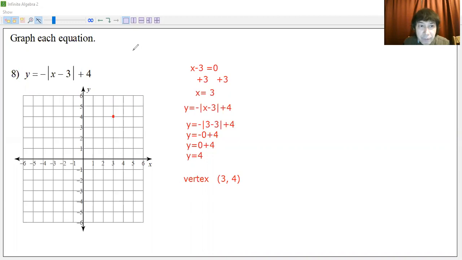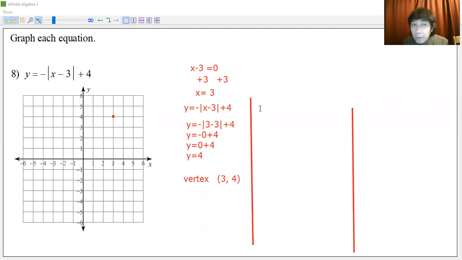That's our vertex. Now we need 2 points, one to the right of x equal to 3 and one to the left. We shall do that over here at the right side of the screen. So let's just put fences there for our 2 points. Then we shall choose a value of x to the right of 3.